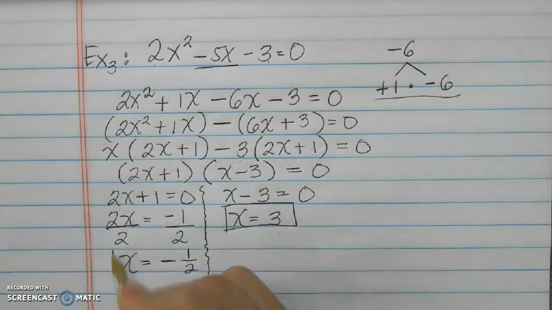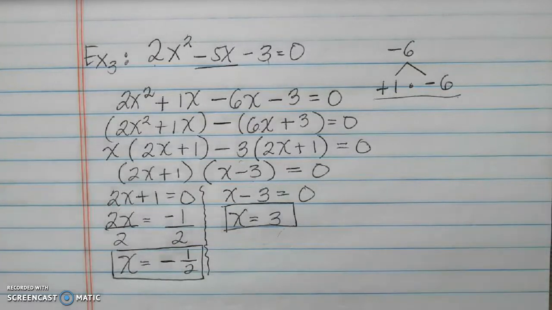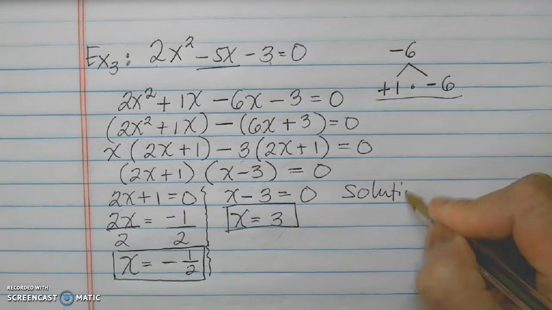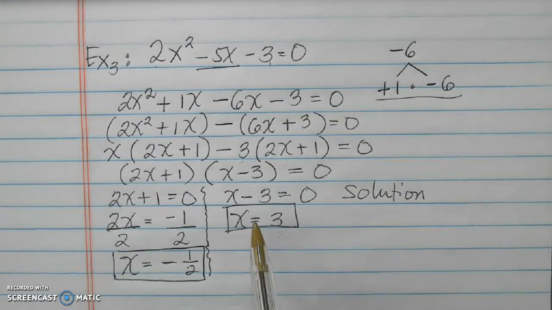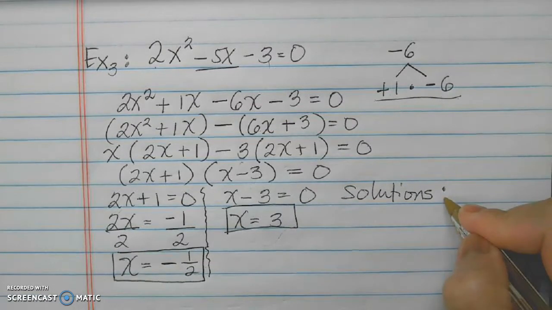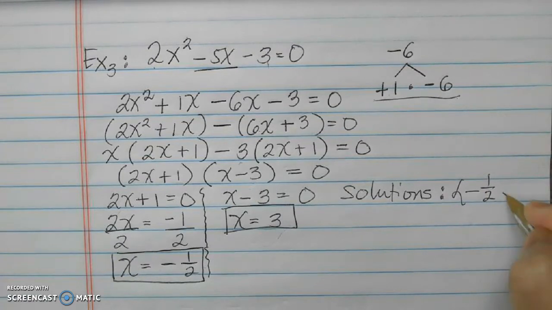So these are your factors. So the solution or the roots. I'm sorry, those are not factors. Those are solutions, okay? So the solutions or roots are negative 1 half, comma, 3.